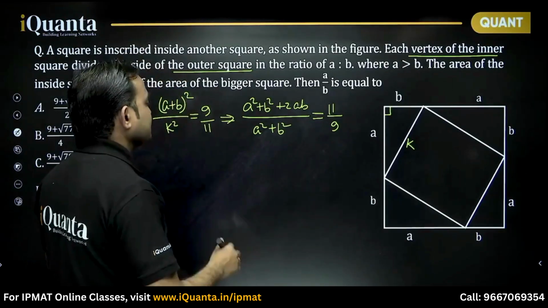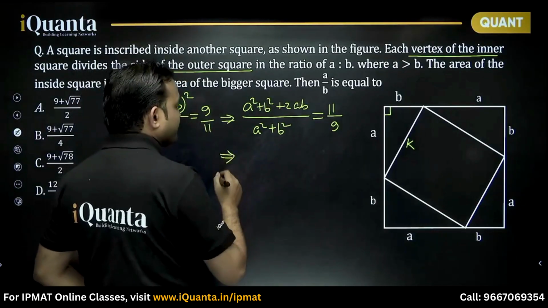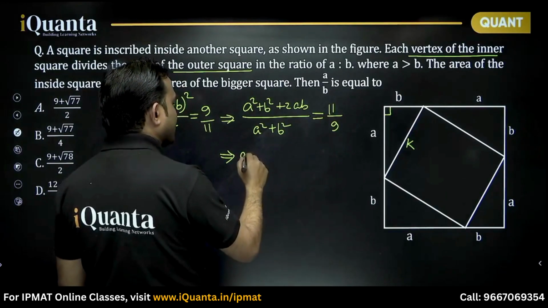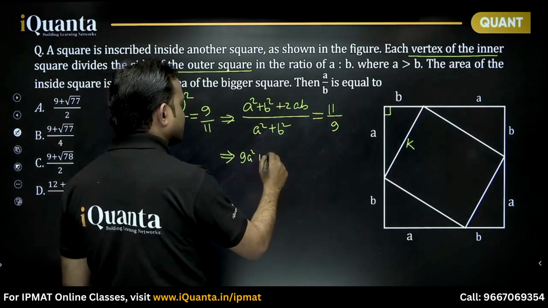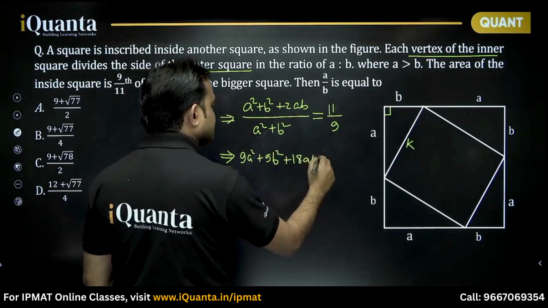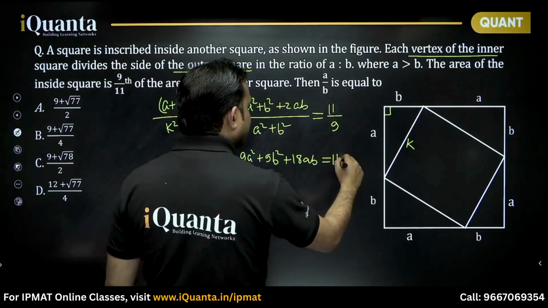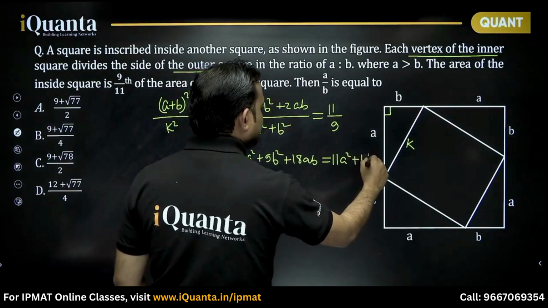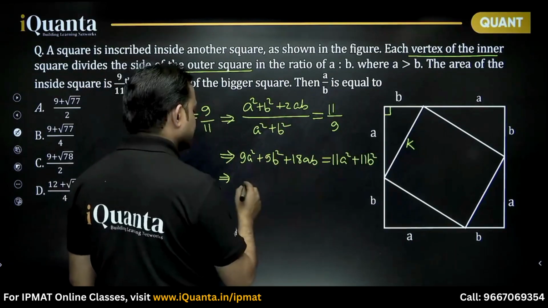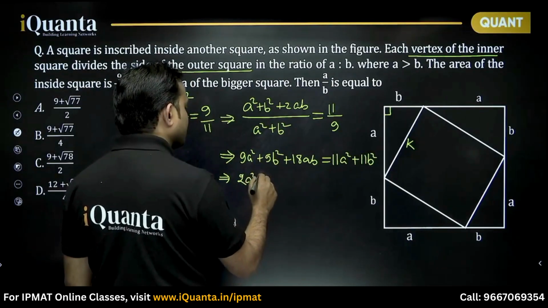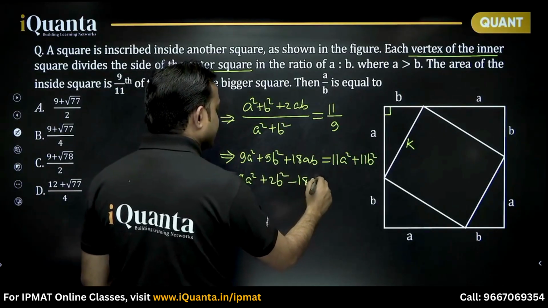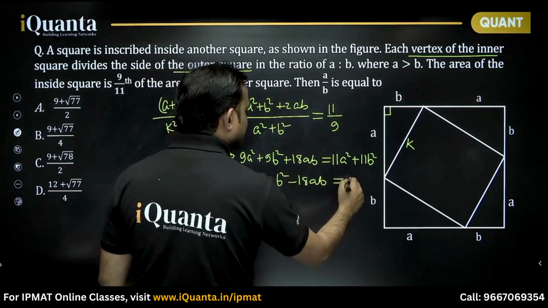Now if I cross multiply this, what do we get? We get 9a square plus 9b square plus 18ab is equal to 11a square plus 11b square. So from there, if I take this to the right side, we get 2a square plus 2b square minus 18ab is equal to 0.